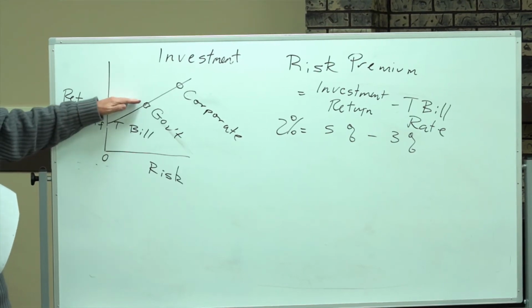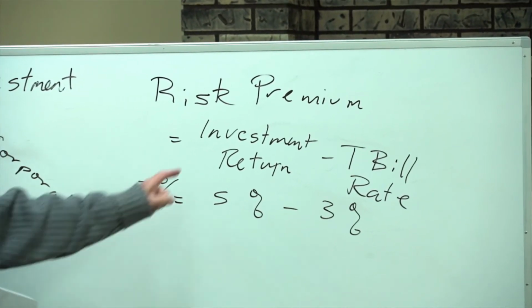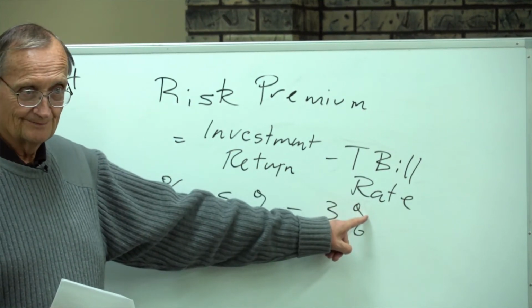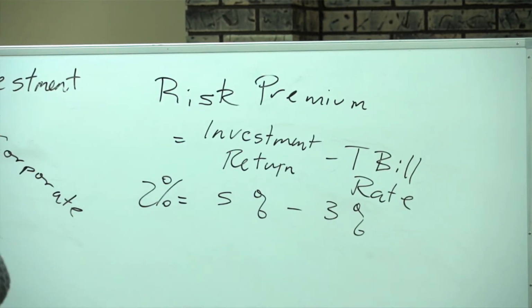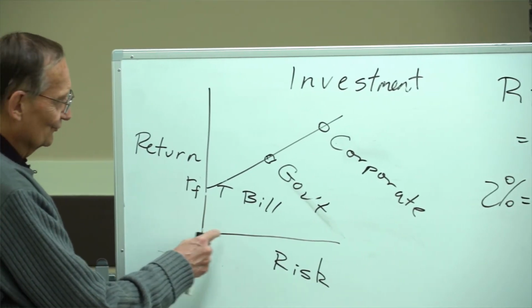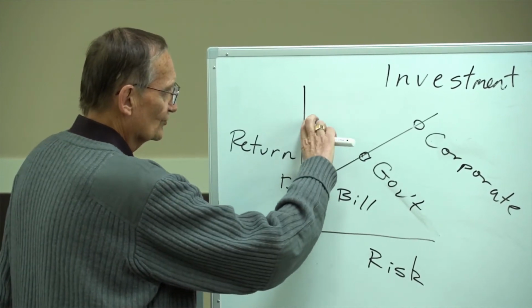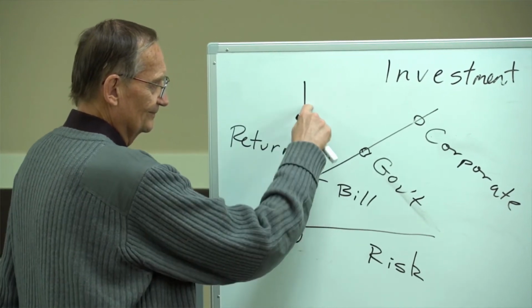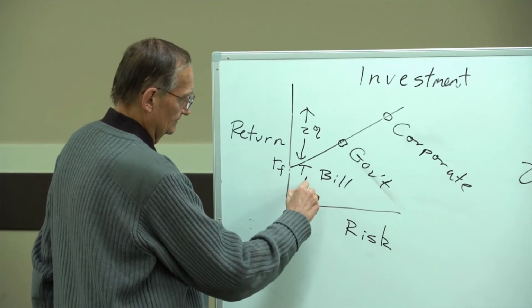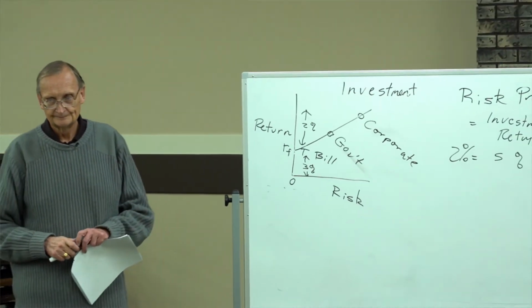The premium that you pay that relates to the risk is whatever the investment return is, which you find on that line, minus the T-bill rate. Notice the T-bill is zero risk, so it's here. So if this corporate bond yielded 5%, the T-bill rate was 3%, your risk premium in here would be what? 2%. How's that look? We okay on that?